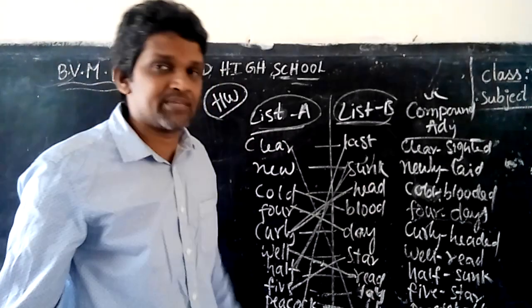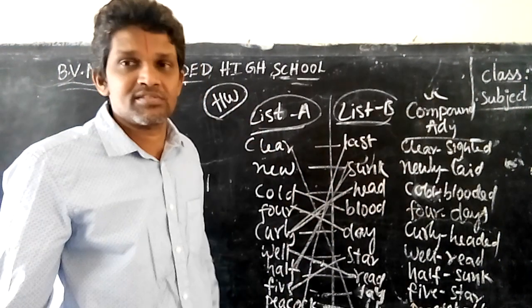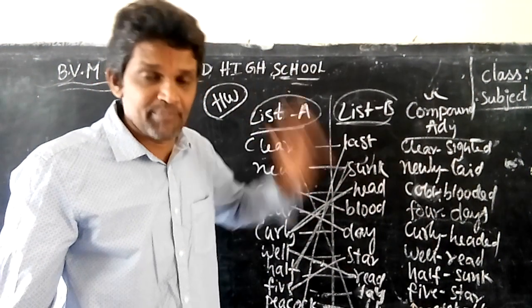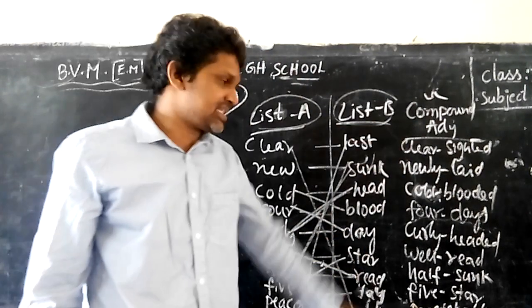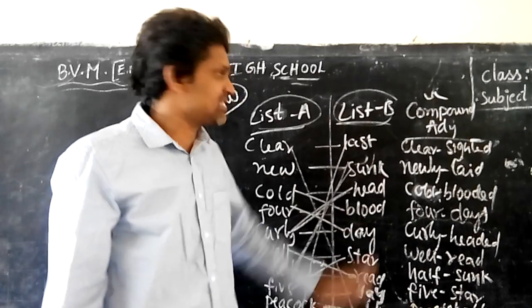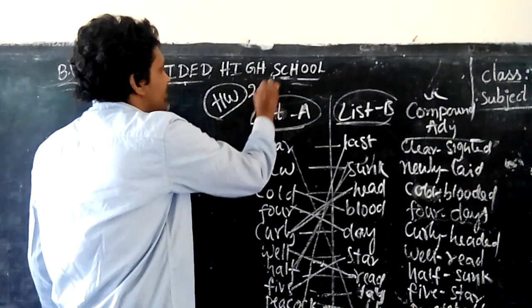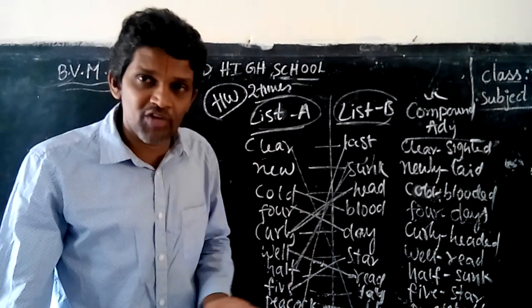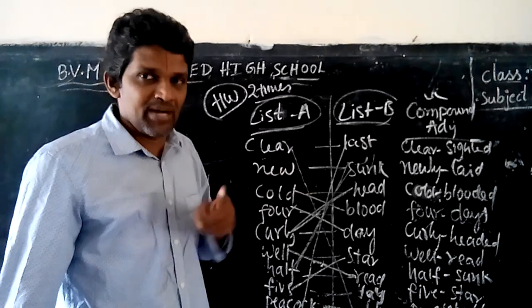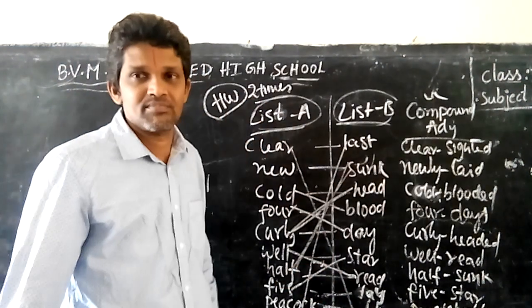So long lasting means long lasting batteries. So they work for many days. So they are called long lasting batteries. So these are the answers. Simply now you copy these answers in your HW books and write them two times. If you do it on your own, you have to write only once. But since you are copying them from the blackboard, you write them 2 times.